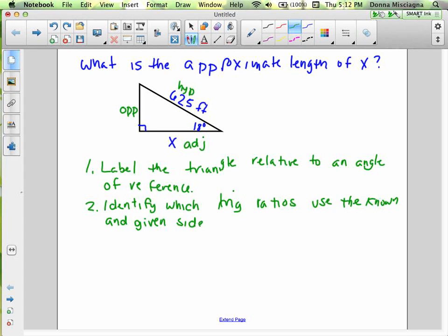So this is, by the way, if we are solving for a side. We'll talk about solving for an angle in the last two problems. All right, so we see we have the hypotenuse and the adjacent. Then we want to write a trig ratio, a trig equation.